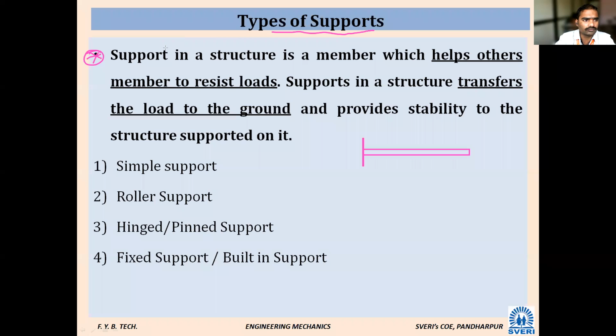Support in a structure is a member which helps other members to resist loads.